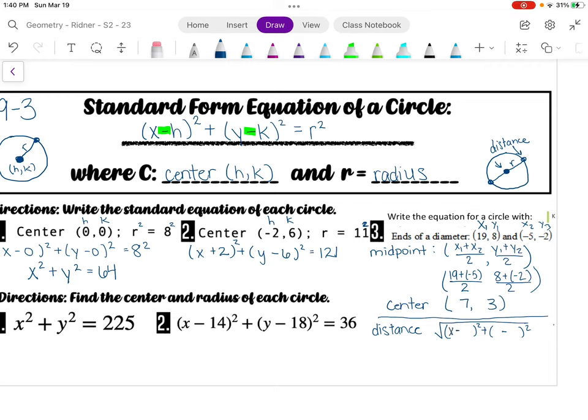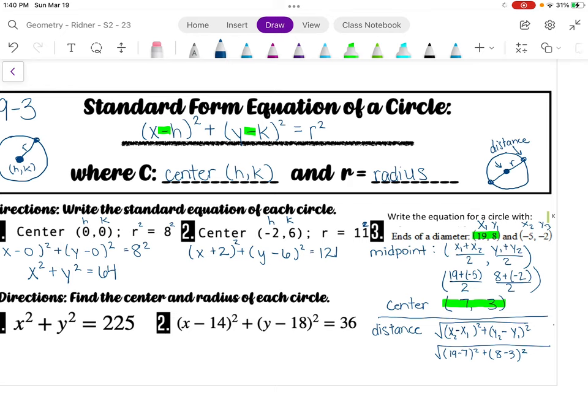I subtract my x's, and I subtract my y's. Now, on this one, I'm going to go from the center, and I'm going to choose one of my points. It doesn't matter which point I choose. I'm going to keep it simple because these are both positive numbers. That's going to be a little easier to work with. So I'm going to say (19 - 7) squared plus (8 - 3) squared.